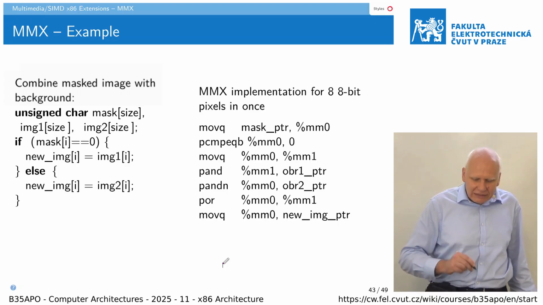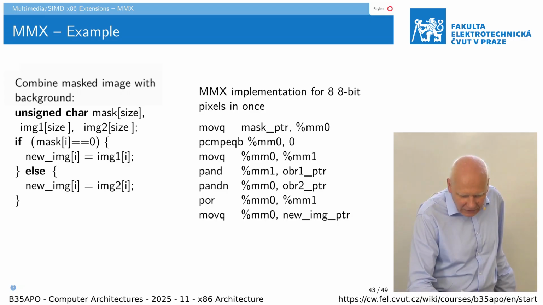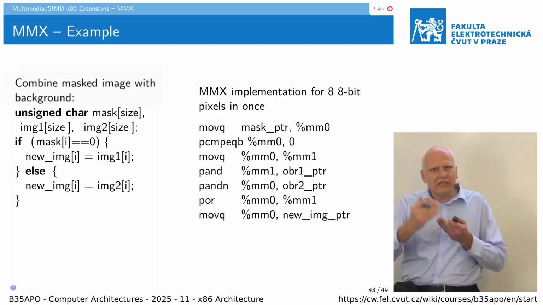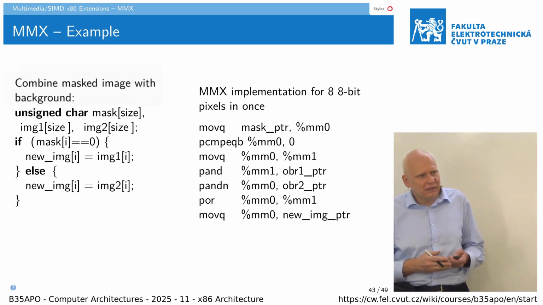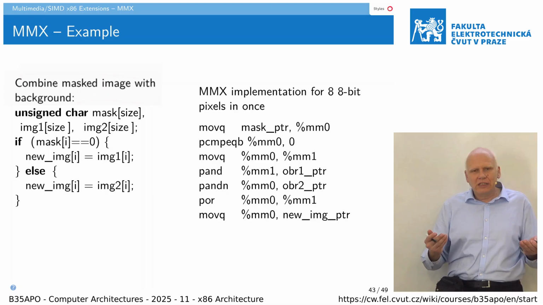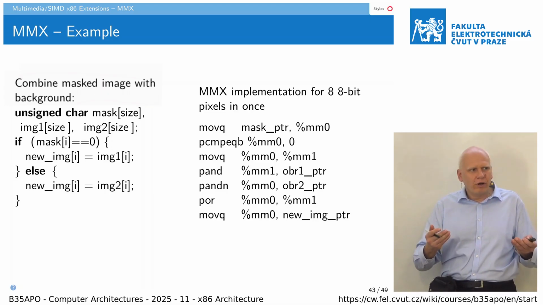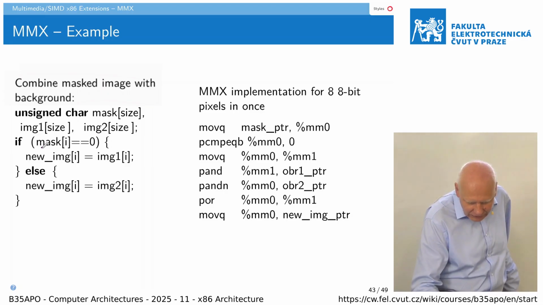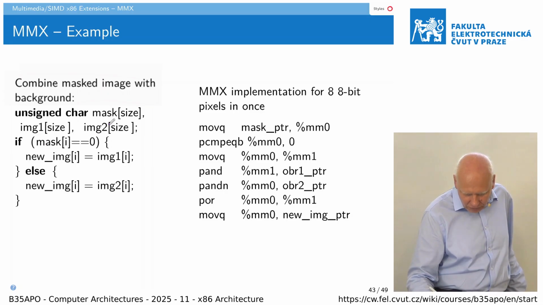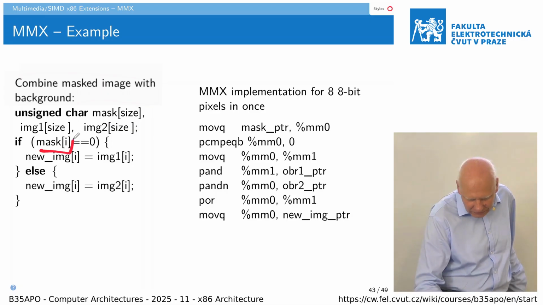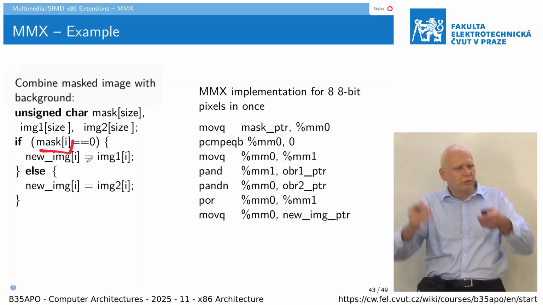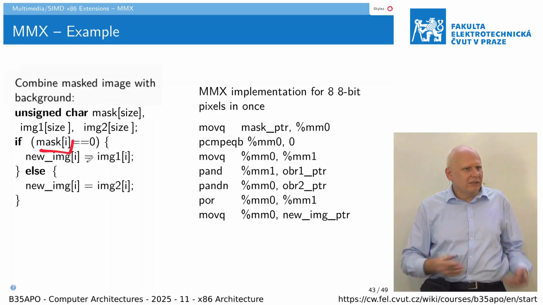So there is an example if you have masking of an image in an image. Basically, this allows you to use, for example, a background and some reporter who is filmed before a green screen. If the mask is 0, then it allows you to decide that the green screen should be replaced by the background image.